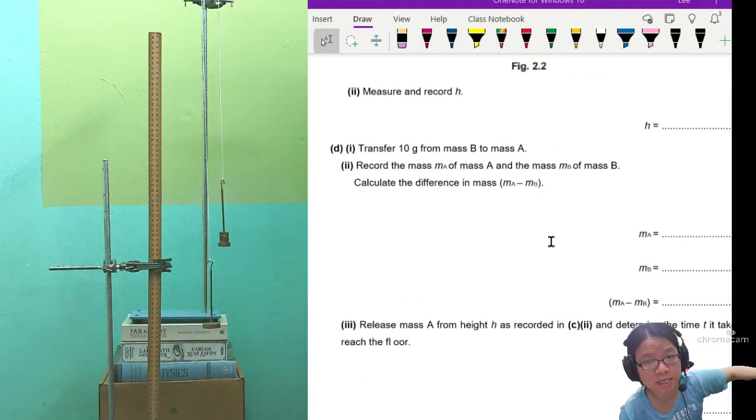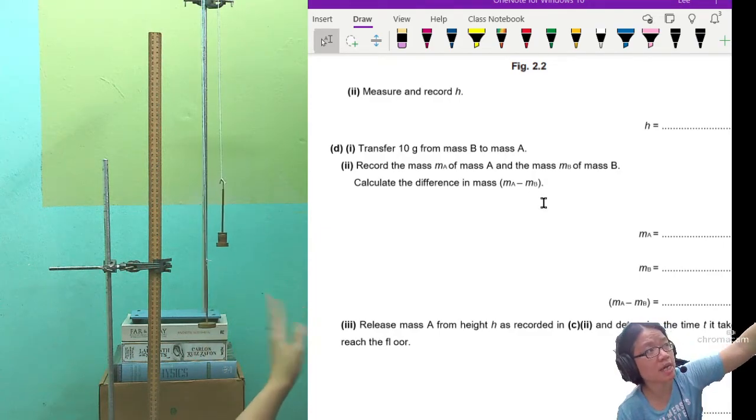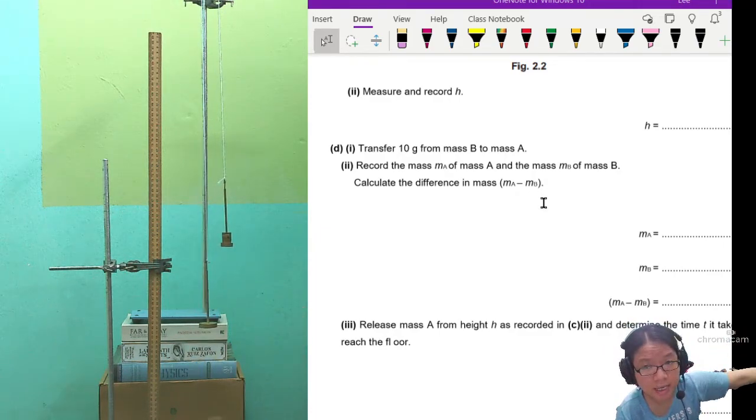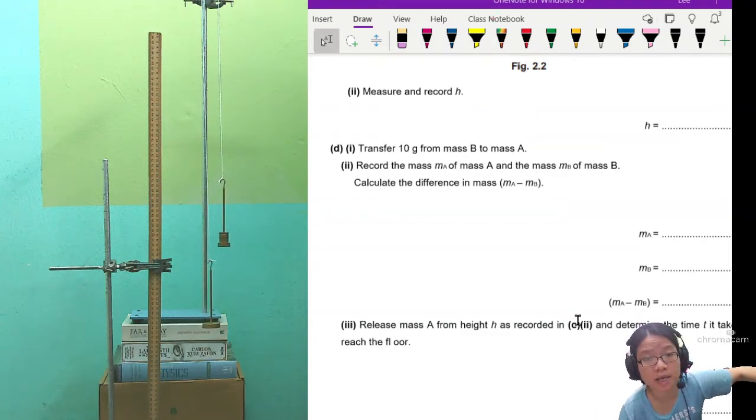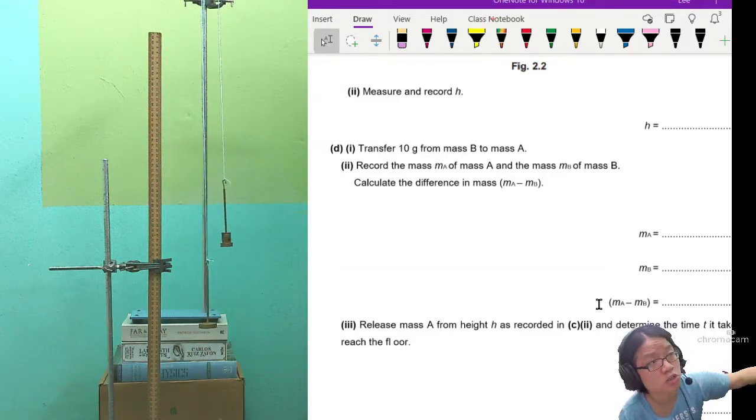So first thing, I will transfer the 10 gram from the right side B to the left side A. And then I'll measure the time taken for A to drop. And as usual, like all the experiments, I will repeat the reading 3 times. Okay, so listen to my voice. I'll repeat the readings 3 times and you will use your stopwatch. So ready your stopwatch, and now we're going to measure the time taken.